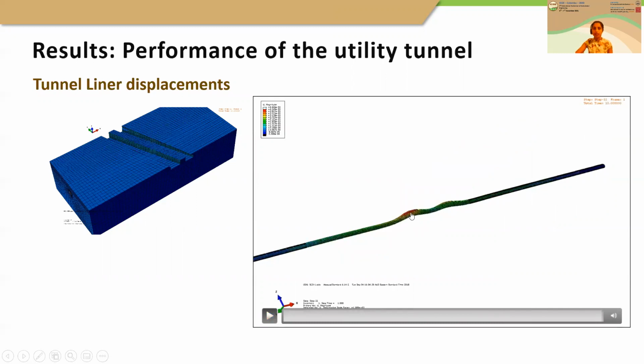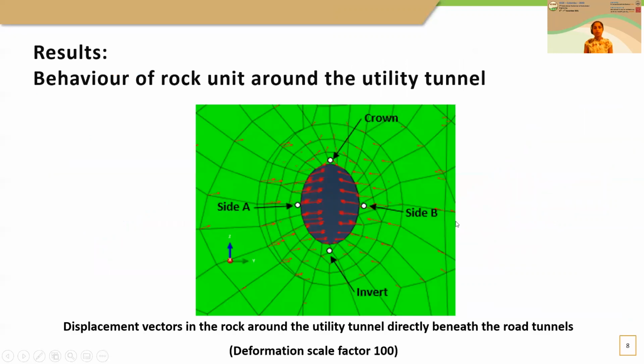As you can see, the highest deformation occurs at the crown of the utility tunnel, which is directly underneath the wider road tunnel. Having a closer look at the deformations, these red arrows show the direction as well as the magnitude of the deformations in the utility tunnel.